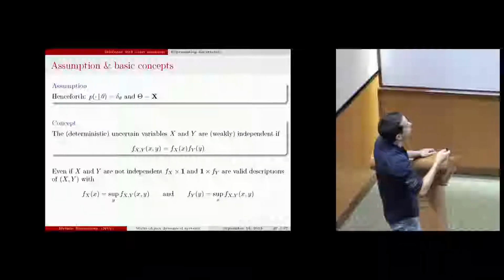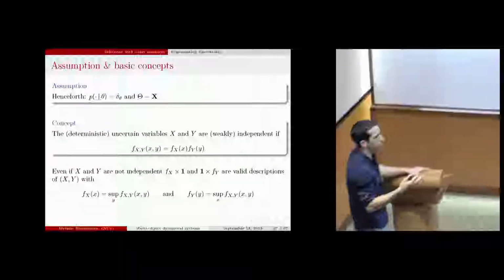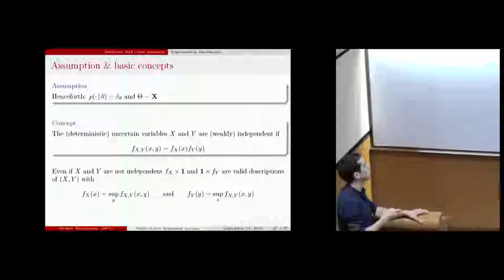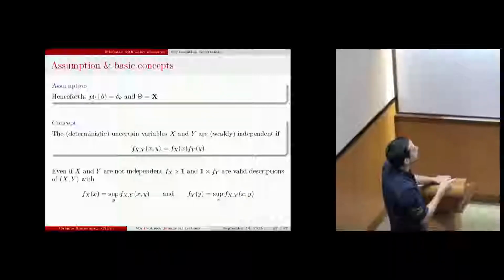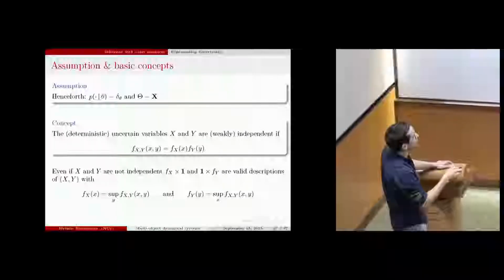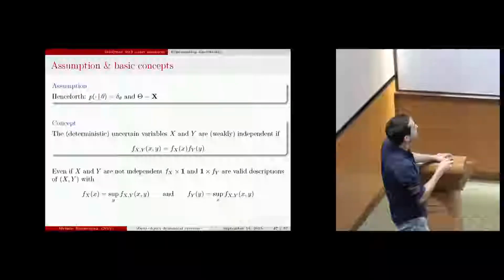The nice thing with those possibility functions is that if I want to simplify my representation, they're not unique. If you have a joint like this that's not weakly independent, it doesn't separate.